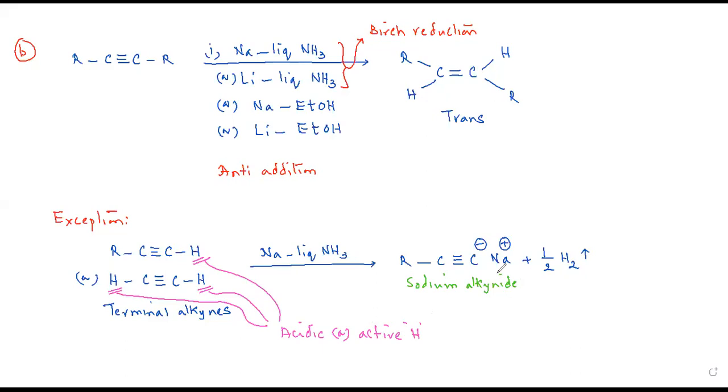Okay, sodium alkynide is what we get. In case of acetylene, of course, we get monosodium acetylide, even disodium acetylide when both the hydrogens are replaced.